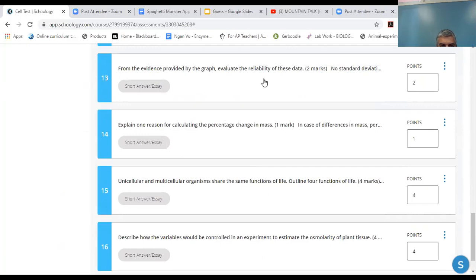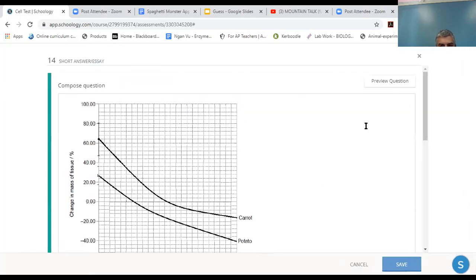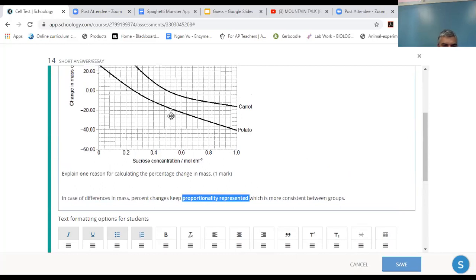Let's see, that was evidence reliability. This was one where you had to speak about proportionality, which is why I was telling you guys in the video, why do I want to use percent change? Because my groups might change a little bit.